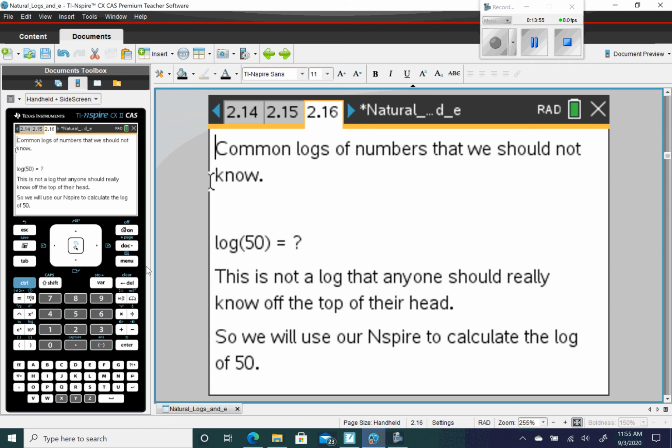All right, so when we're going to use our calculator, the log key is going to be Control 10 to the x. And when you hit that, you're going to have a spot to type in a base. So right here again, the base would be 10, so we would just type a 10 in there. Or I think leaving it blank too, the calculator will assume that it's a 10.